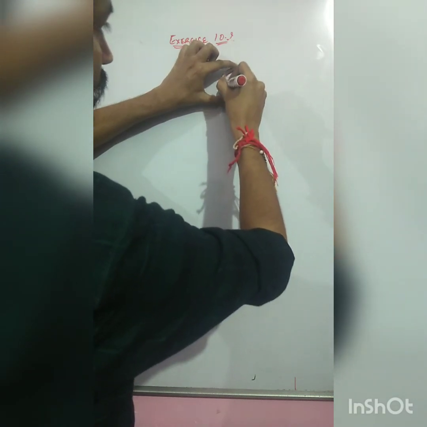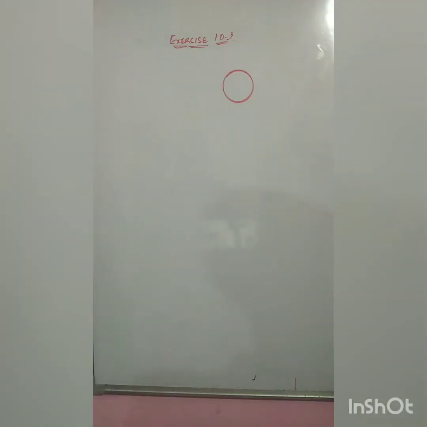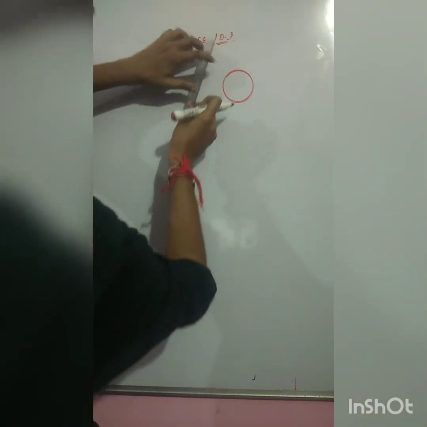Suppose we are having a circle here and these are the two tangents.